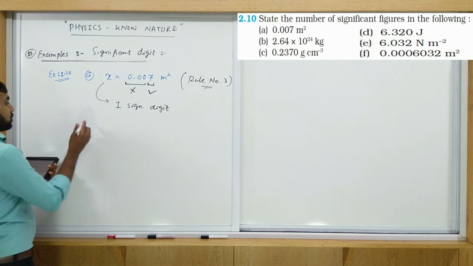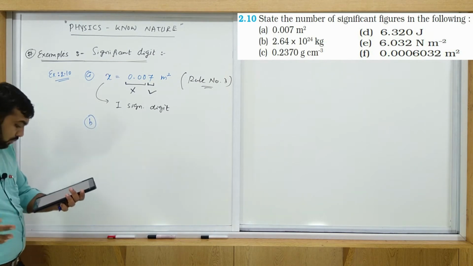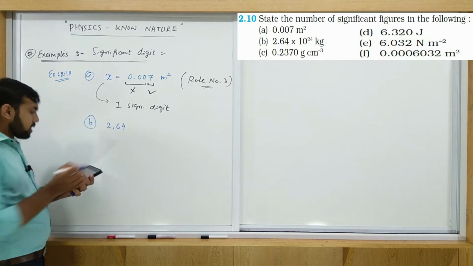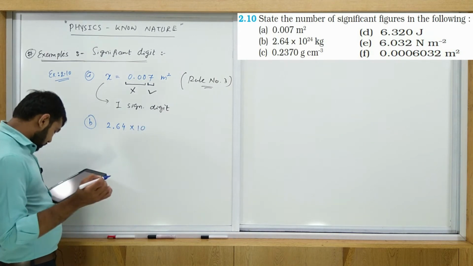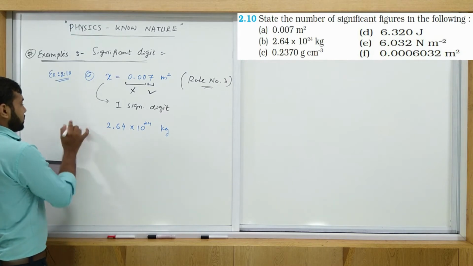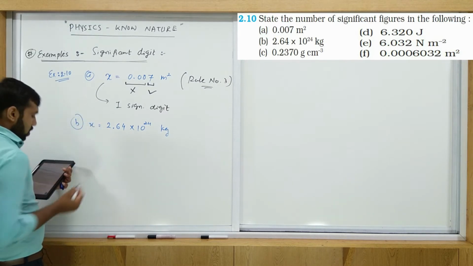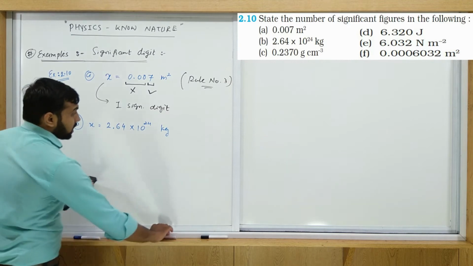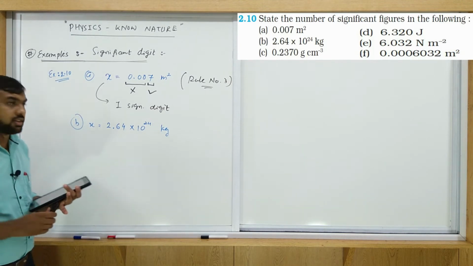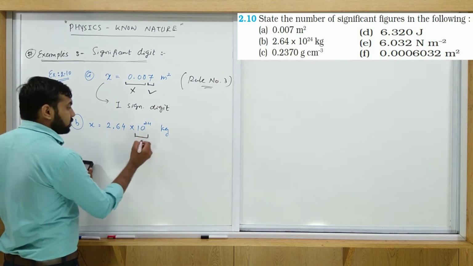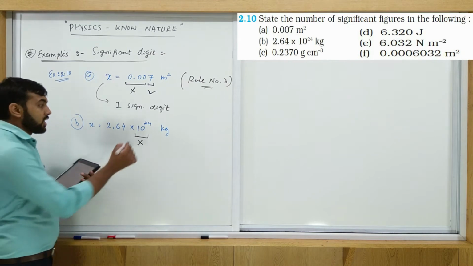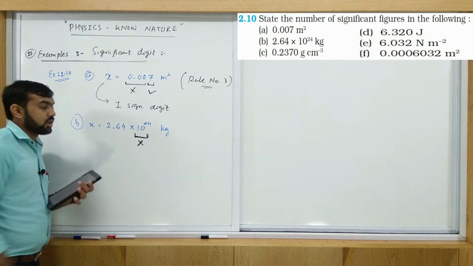Example number 2. What is the number? 2.64 multiplied by 10 raised to 24 kg. Suppose x is equal to this. Use this rule: the power of 10 is not counted as significant. So this power of 10 is not counted as significant.